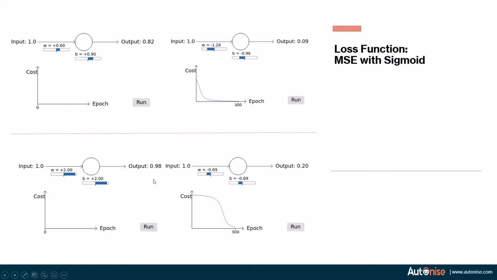After running the simulation for 300 epochs, you can see now that what we had expected did not happen. Even after running for 300 epochs, the output is still 0.2, which is much higher than 0.09. Also, the weights and bias are not that large negative numbers compared to the previous run.